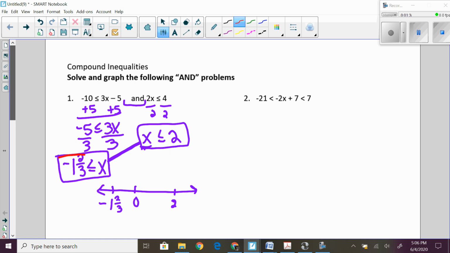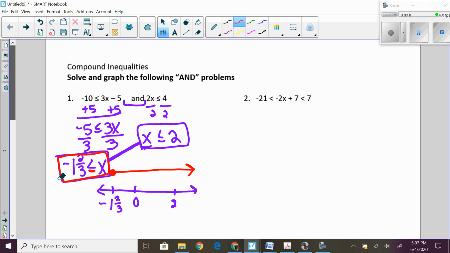So let's graph this one first. Okay, it says that negative 1 2/3 is smaller than x. So the first thing is we will have a closed circle here because it says less than or equal to. And negative 1 2/3 is smaller than this set of numbers over here.